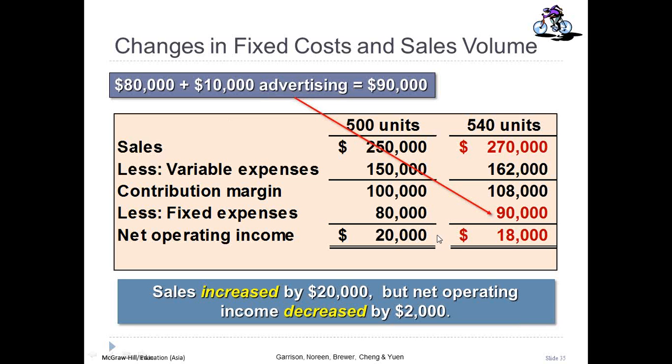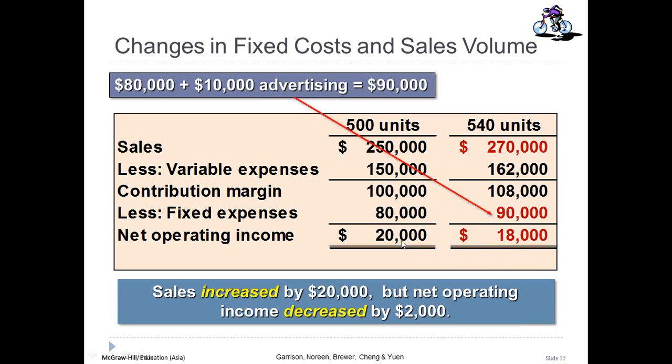And then operating income actually goes down for an increase of 40 units in sales. The fixed expense went up by 10,000. What's that? That's the advertising. So we spent $10,000 to sell an additional 40 units.